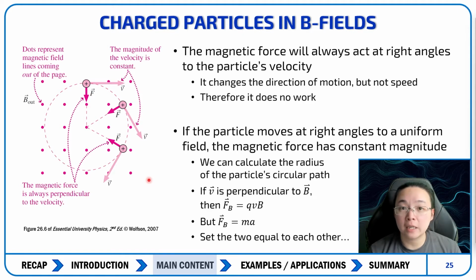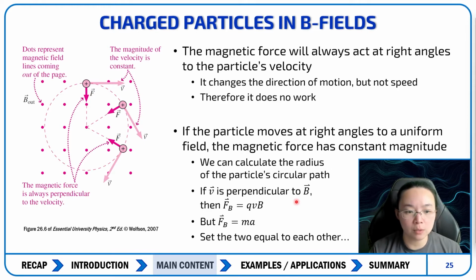And we can actually try to calculate this. We take a look at the radius of the particle's circular path, and that's what we're trying to get. If V is perpendicular to B, then we know that the magnetic force is equal to QVB. But we also know that the magnetic force is equal to mass times acceleration.